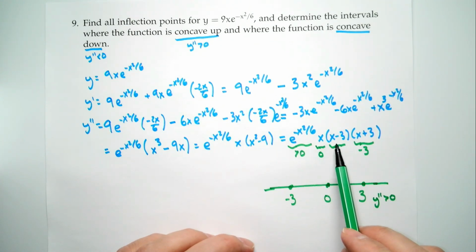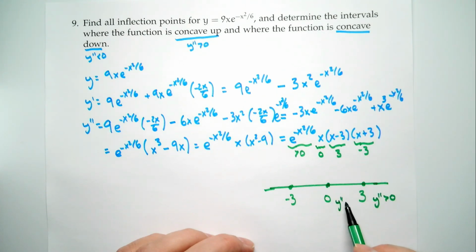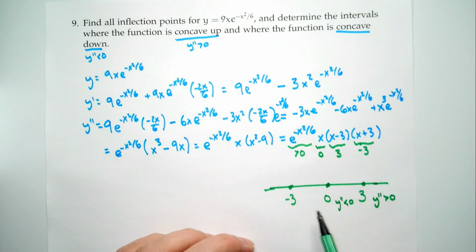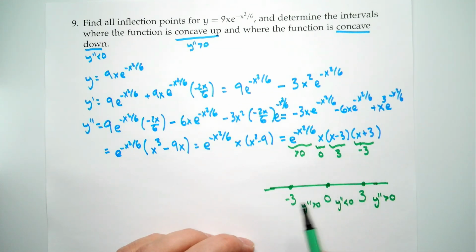Positive, negative, positive. So the second derivative is negative. Between 0 and negative 3, how about negative 1? Negative, negative, positive. So the second derivative is positive. Negative 4: negative, negative, negative. Very negative. Second derivative negative.